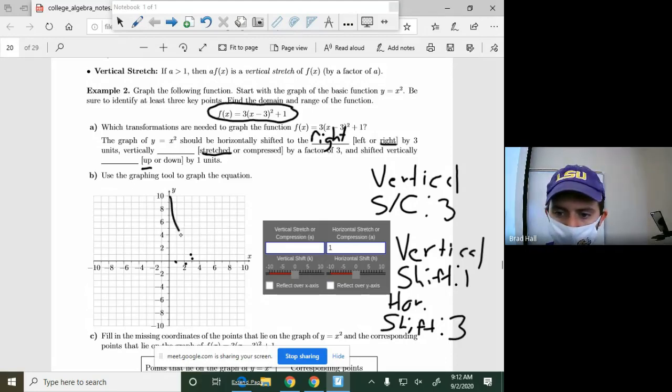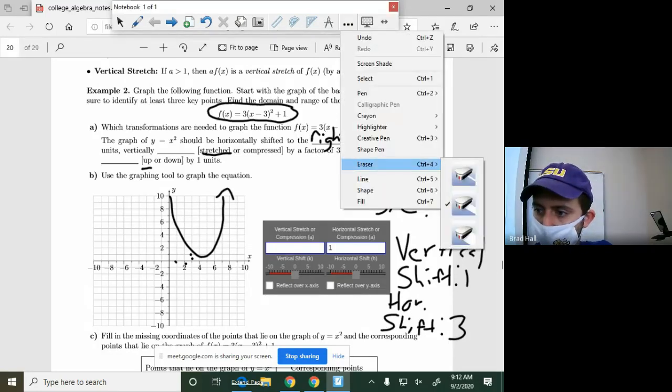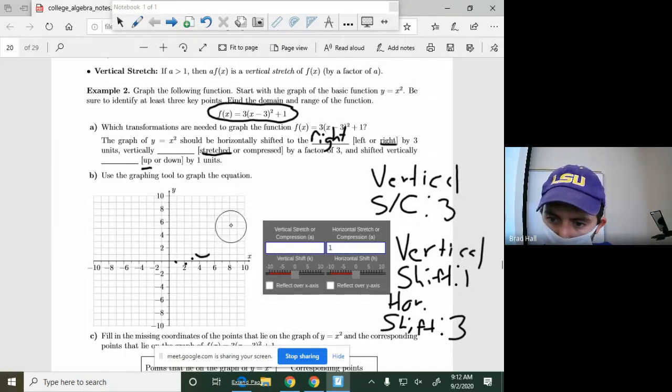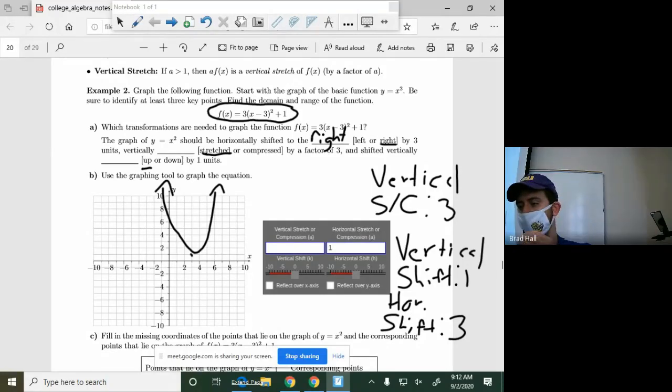It'll probably look very similar to, probably not that because I drew it horribly. It'll look something like this. It'll be perfect whenever you put in those numbers. So it simplifies this process big time.